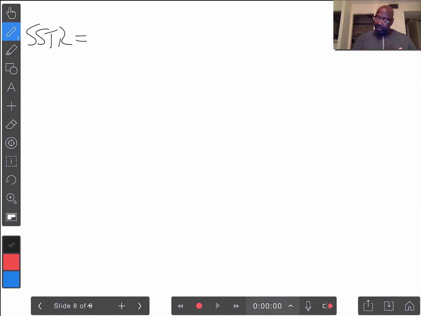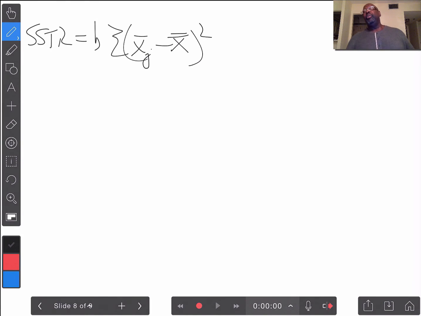Remember we said the sum of squares due to the treatments would be B multiplied by the sum of X bar J minus X double bar squared. And we just remove the B because it's the same for each term. So that would be 5.